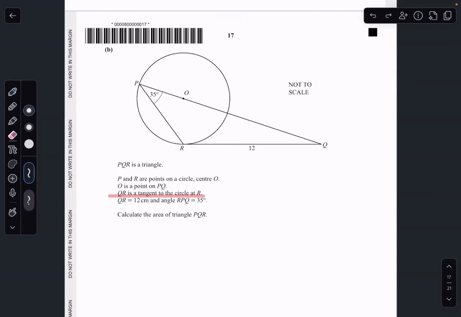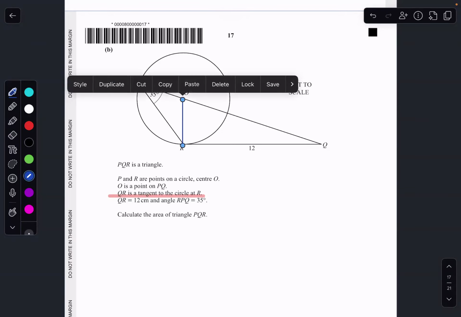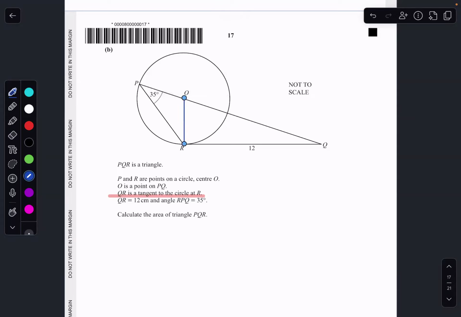Yes, the radius. And what was the property between a radius and a tangent? They meet at 90 degrees. Good. Radius and tangent will always be 90 degrees. So this is 90 degrees.